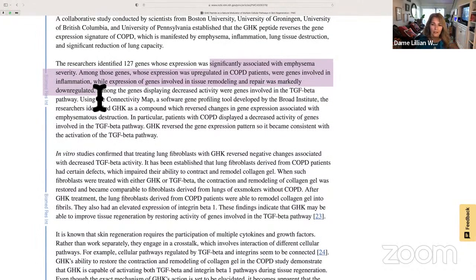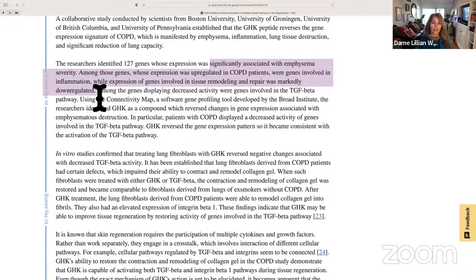So what is this saying? Let's talk about this in layman's terms. For people with COPD, there's 127 of the 23,688 genes that were significantly associated, meaning there was a large association with the degree of severity of having COPD or emphysema.